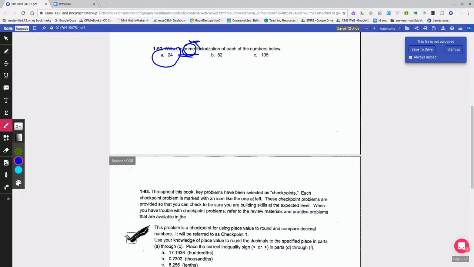You can do it by 2. You could probably find a different way. But if I was breaking 52 in half, I would have to do 26 times 2. Now 2 is a prime factor, so I would circle it. Then I got to break 26 down.